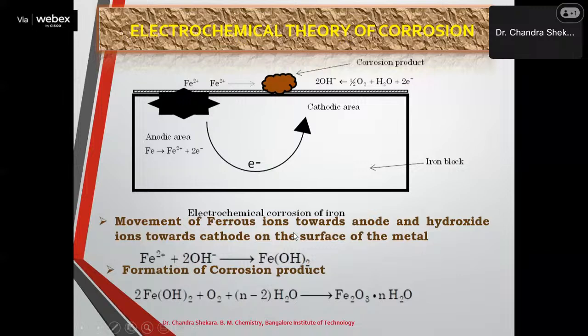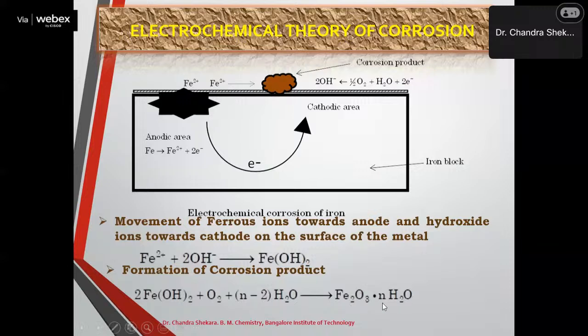This ferrous hydroxide is unstable. It further gradually reacts with O2 and H2O present in the atmosphere, and is finally converted into the corrosion product of iron, which is hydrated ferric oxide, Fe2O3·nH2O.